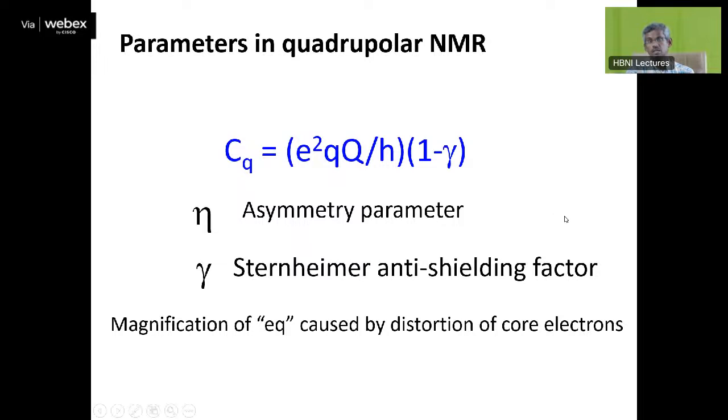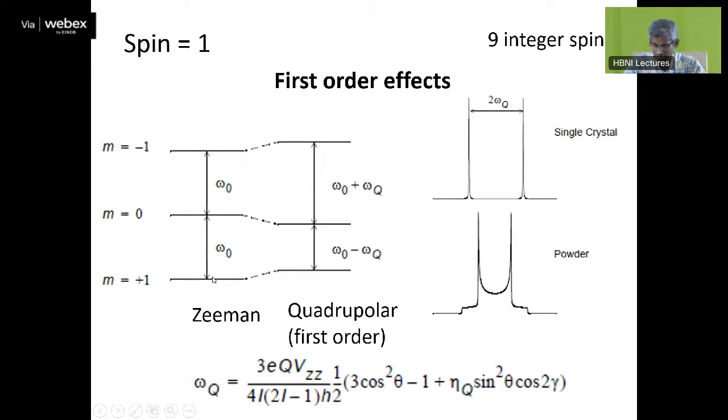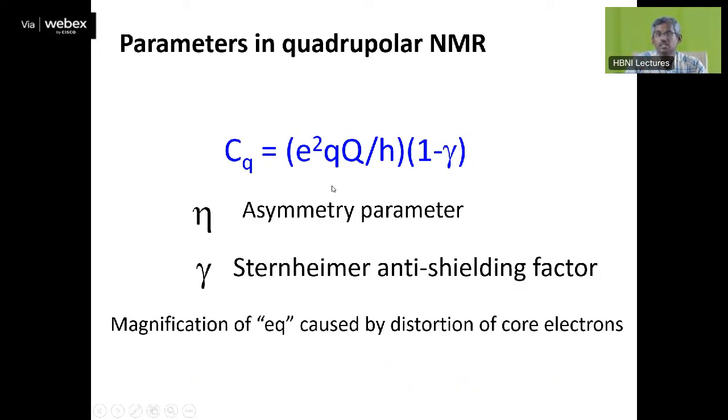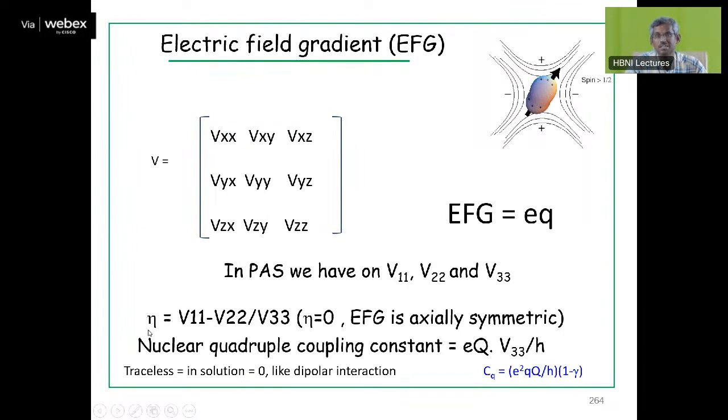Here is eta; I think eta should come here. Eta is the asymmetry parameter, because it comes from the tensor.